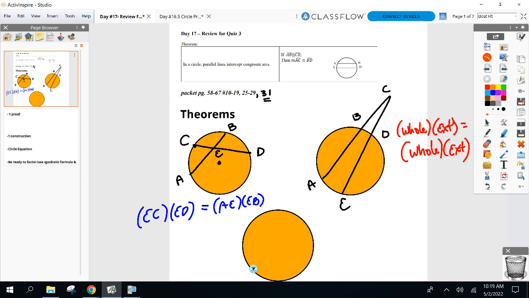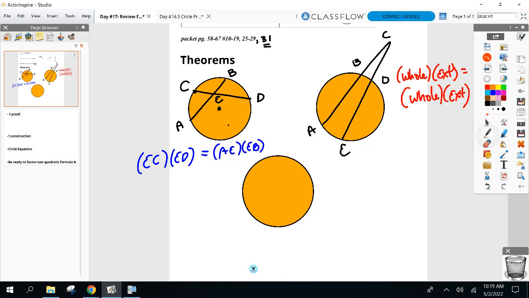And then one more type, just to be aware of. This is a secant and tangent. What's the deal still? How do I find the lengths?